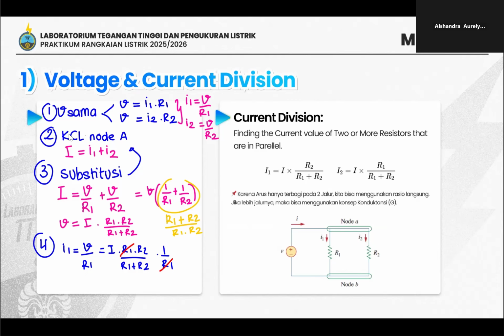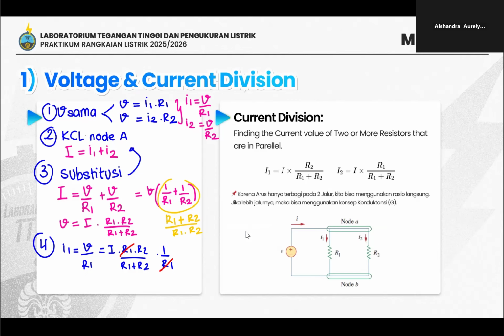So we have Kirchhoff's current law, which is whatever current comes in equals whatever current is coming out. From node A, I is the current coming into the node, and I1 and I2 are the currents coming out of this node. Then we just substitute the I equation into the I1 and I2 values from the first equation. From this easy substitution, we get this formula, which is the same as this one.